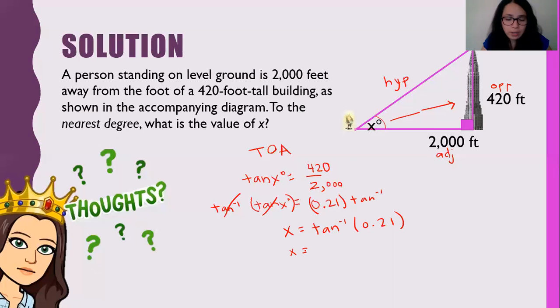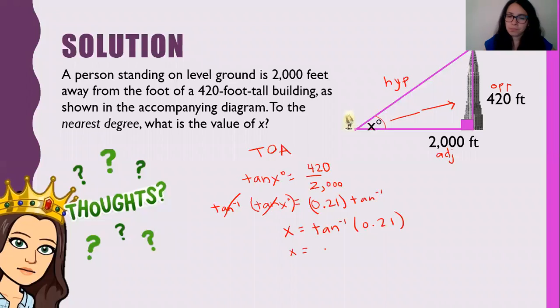So I go 0.21 and type that in. I click on second, make sure second is clicked, and by clicked, I mean it has to be gray, because that's the only way you're going to find the tan to the -1 power. You see it? Tan to the -1, click on that. What does it give you? Anyone?